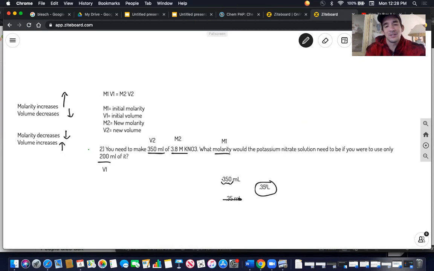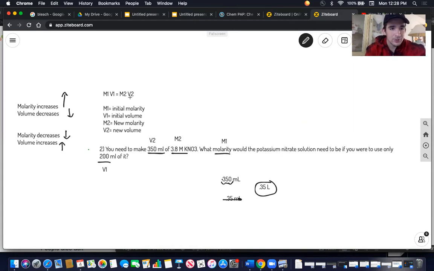You don't really need that 0 there anymore, because that 0 doesn't really add anything new to that number. So move that decimal to the left 3 times to go from milliliters to liters. If you want to go back to milliliters, I would just move to the right 3 times.